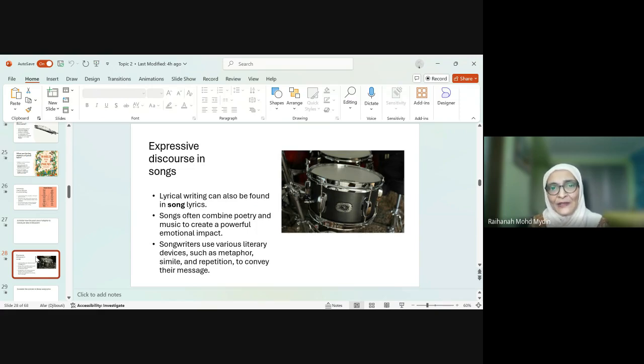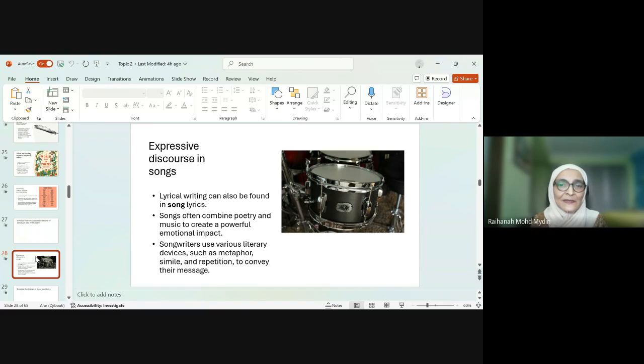When we think about lyrical writing, it is a kind of expressive discourse, using emotion to express emotion, but done in a very beautiful, controlled manner. The language is very controlled. The figurative language used is meant to create puzzles in the text, where the reader or the listener needs to decipher the puzzle.